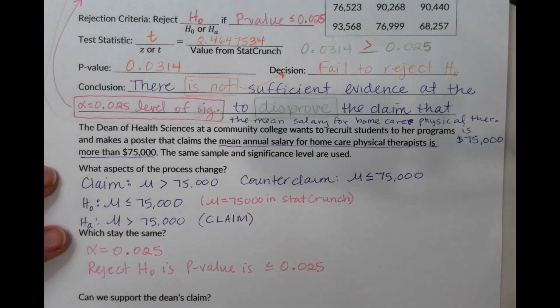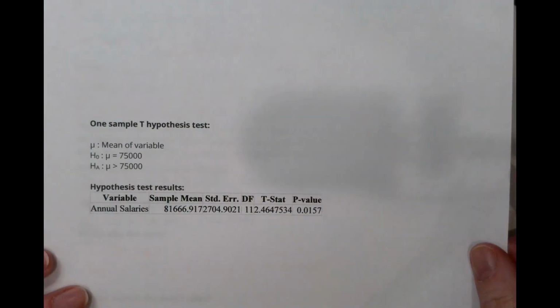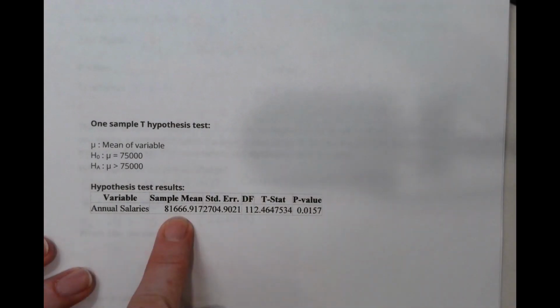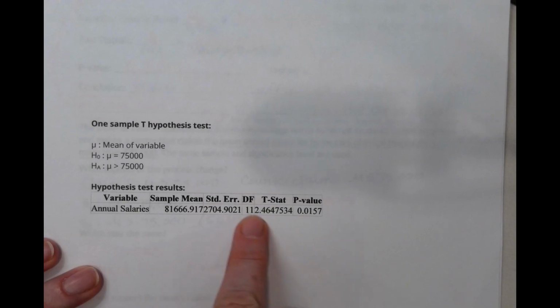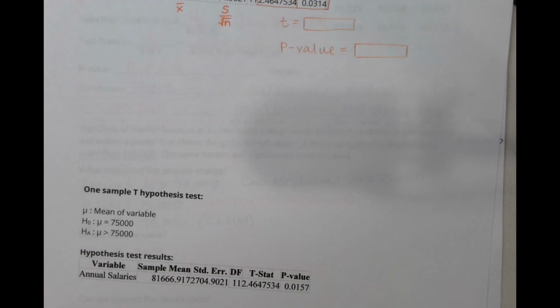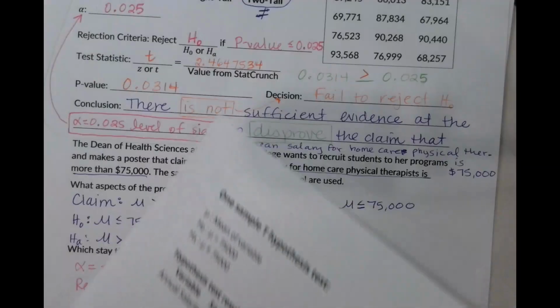So what numbers change and which ones do not? My sample mean didn't change. My standard error didn't change. My degrees of freedom didn't change. Let me see if we can see both of them at the same time.